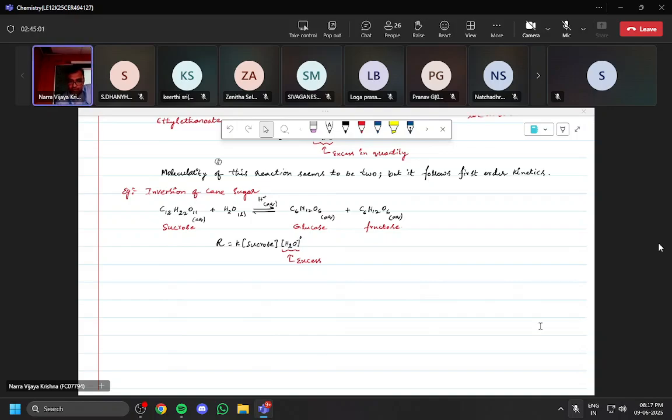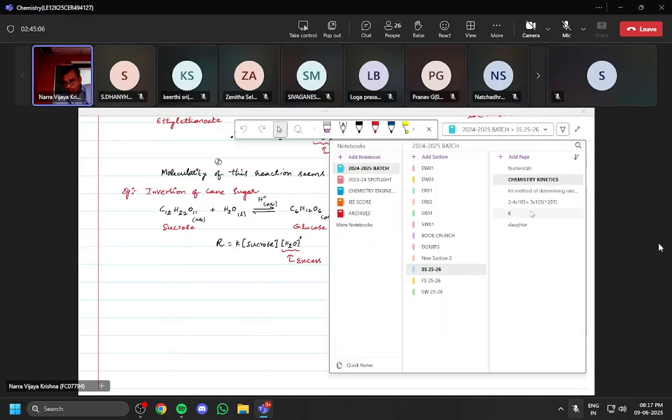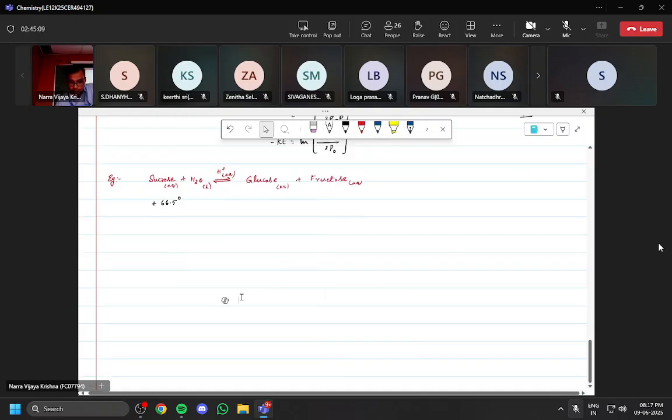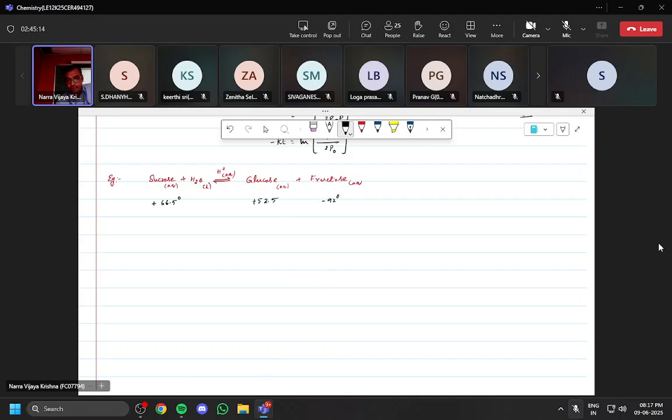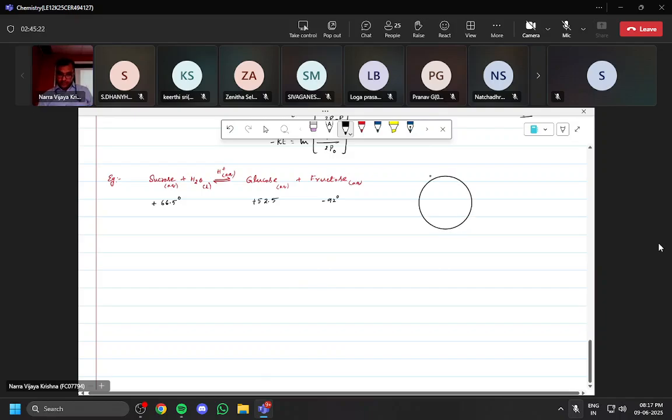Sucrose is plus 66.5. Glucose is plus 52.5. Fructose is minus 92. When I'm measuring optical rotation in the spectrometer, we pass plane polarized light to the cuvette and measure the length of the cuvette in decimeters, concentration in gram per ml.